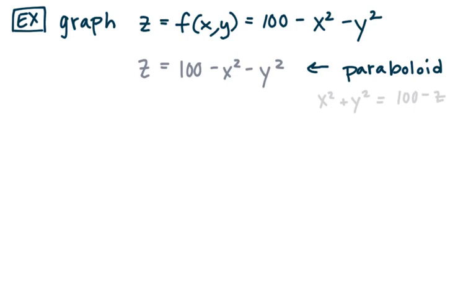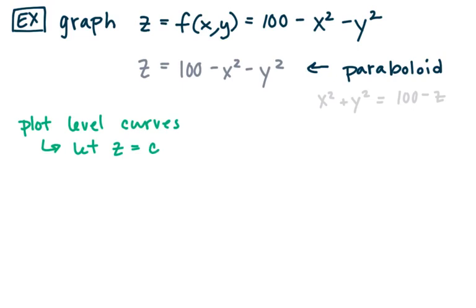Okay, so let's think about this. The first thing we might do would be to try and plot the level curves. So the level curves are going to occur when I let z be a constant number. So to plot the level curves, we're going to let z equal some constant c.